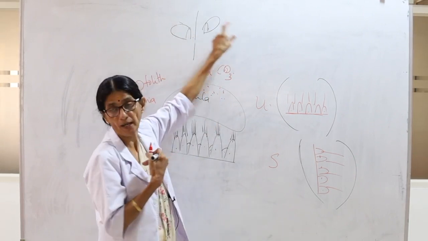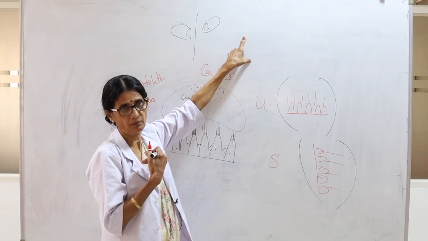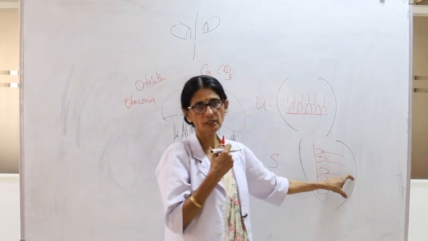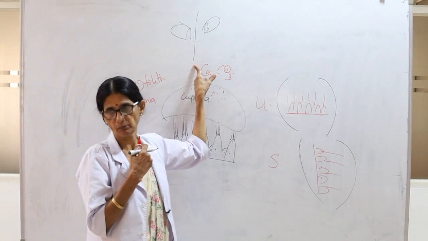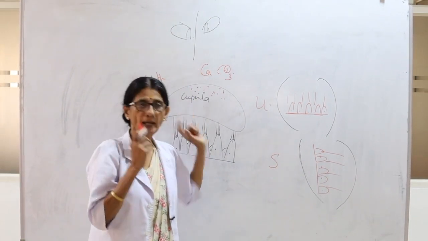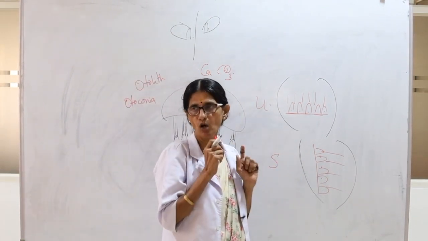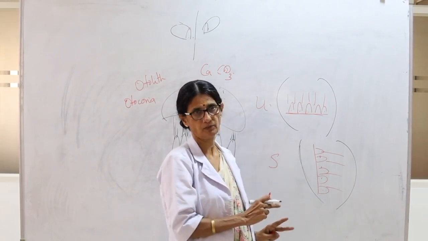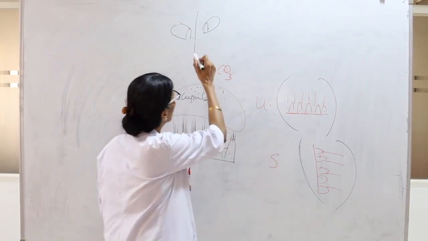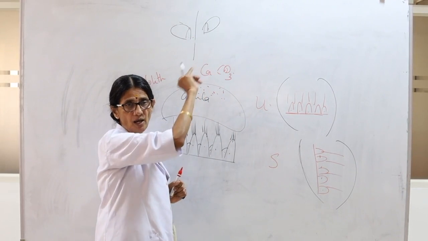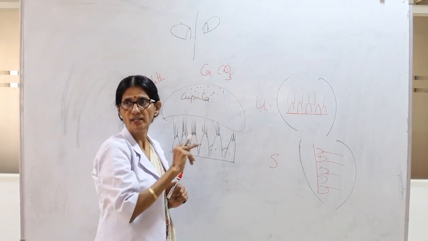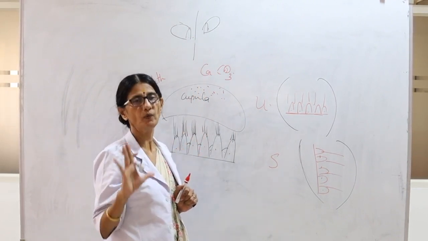So this is acting as a phasic receptor. So these are the tonic receptors and these are the phasic receptors. But acceleration is the main stimulus for all these receptors. So the acceleratory force for the crista in the ampulla will always be angular or rotational.